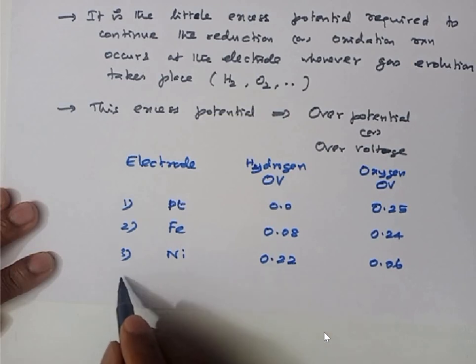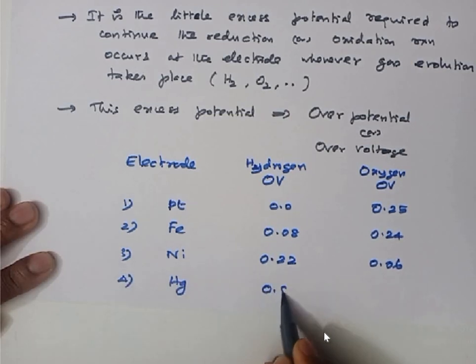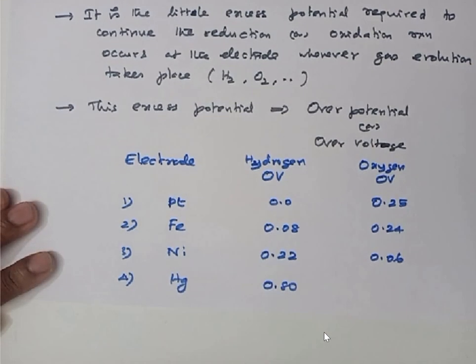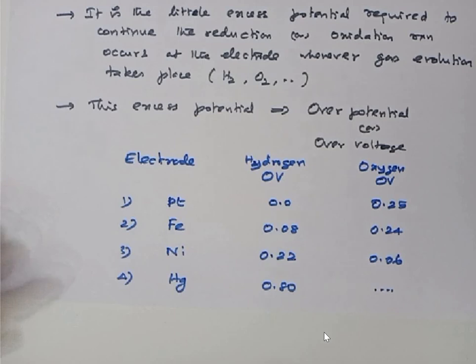For mercury, hydrogen overvoltage is the highest, 0.8. Okay, hydrogen overvoltage is highest for mercury. Oxygen overvoltage is 0 actually. Yeah, so keep all these things in mind.